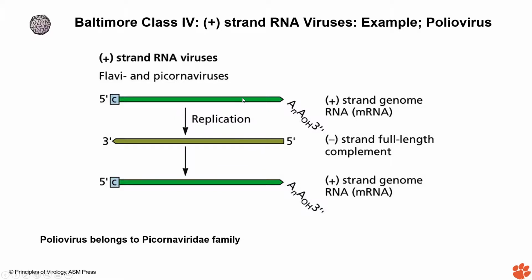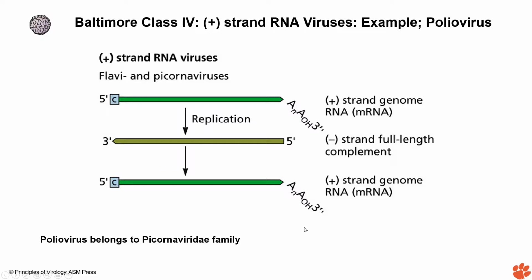For replication purposes, it has to make a full-length anti-genome. Again, remember, that strand is the full-length complement. This we call the anti-genome, which is the minus sense. From that template, it gets back the plus sense. And in these, the full length of the genome is actually translated. The full length is an mRNA.